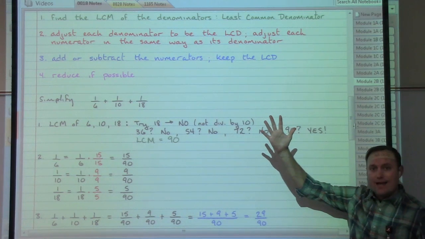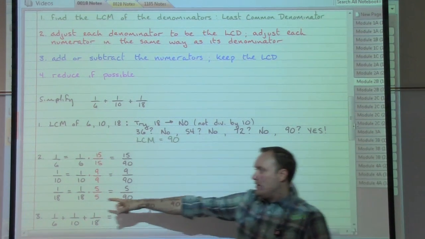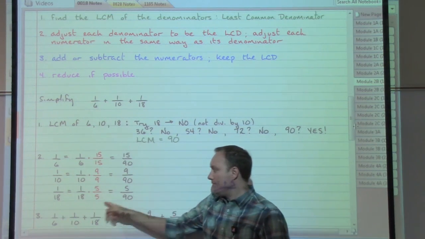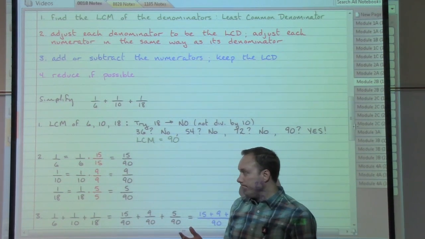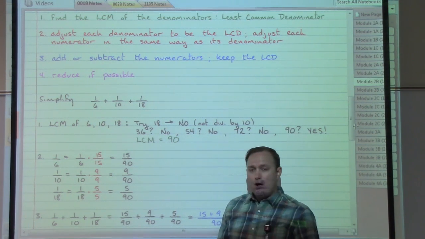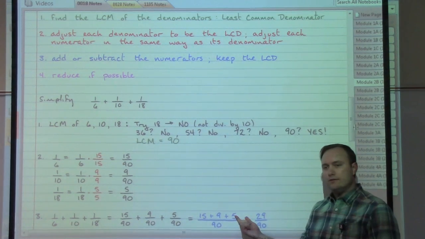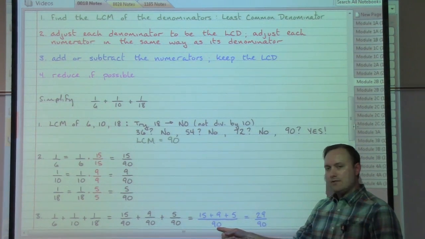We just built that 90 by going through. Fifth number in our list. 18 times 5 gives us 90. So I got a times by 5 on the bottom, got a times by 5 up on top. All 3 of my fractions now have that common denominator. I can put my numerators together. Keep your denominator the same.